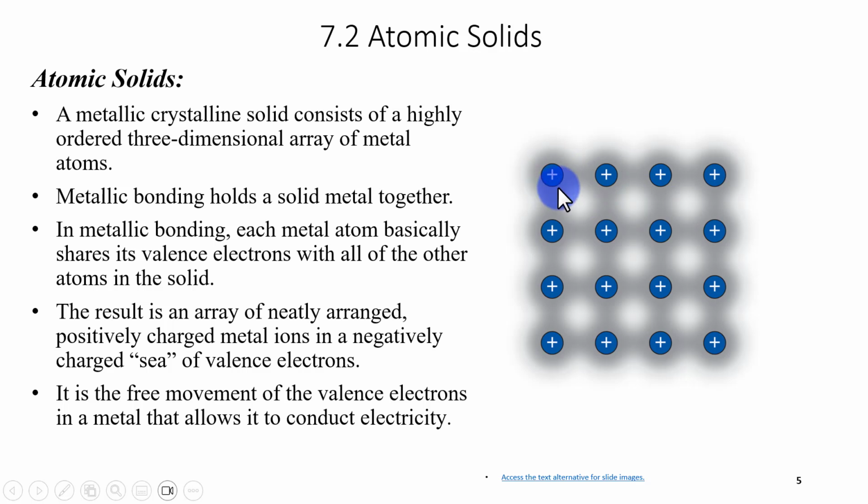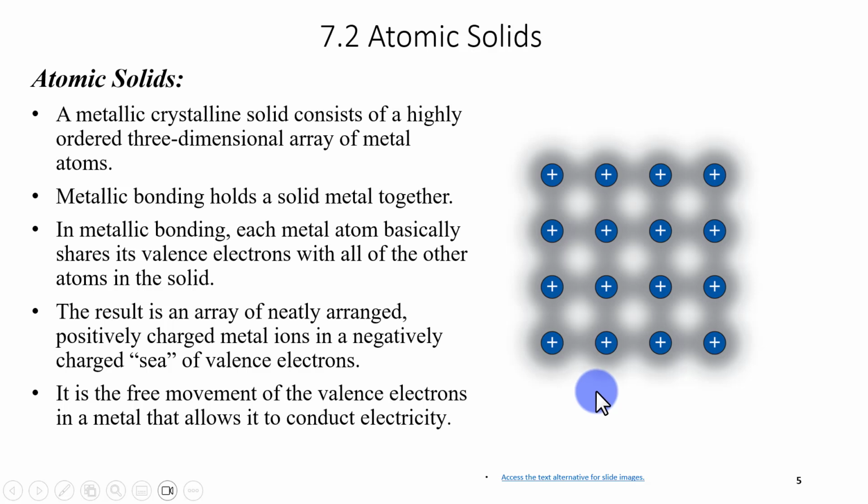And we have positive metal ions that are left behind, and then this cloud of electrons, a sea of these valence electrons that are shared by all of the positively charged metal ions.